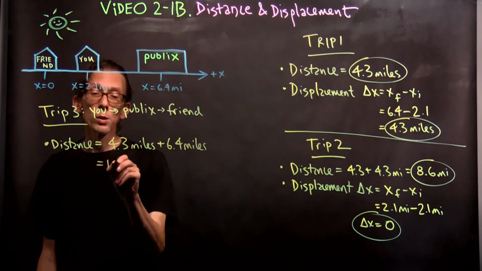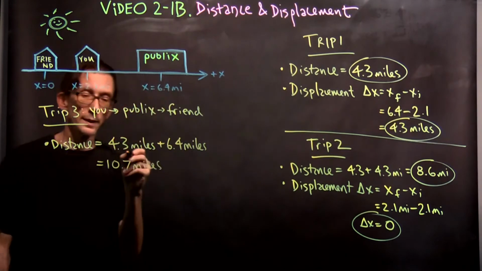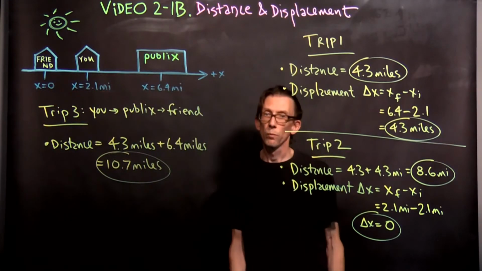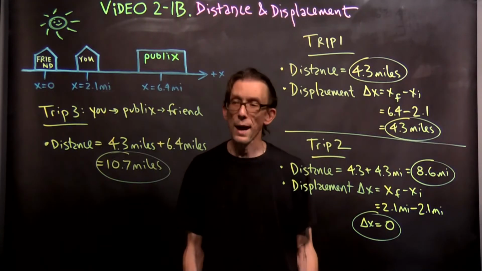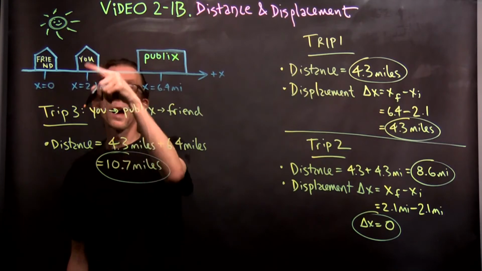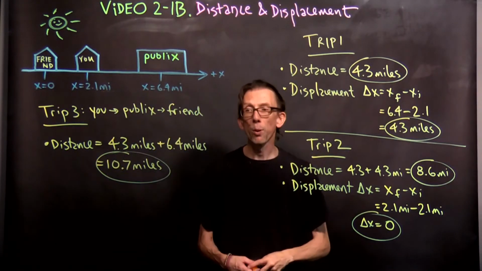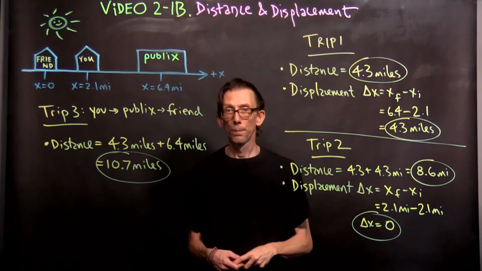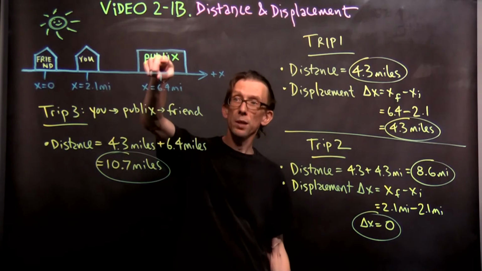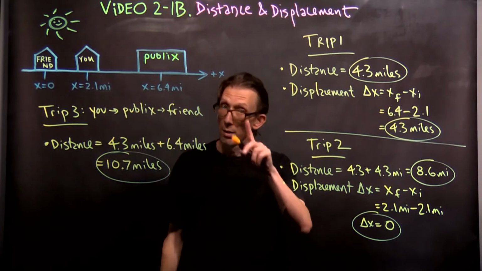That is the total distance traveled, the total length of travel, 10.7 miles. Taking this third trip from your house out to Publix and back to your friend's house, you have traveled 10.7 miles. Right? 4.3 from you to Publix and 6.4 from Publix to your friend's house.